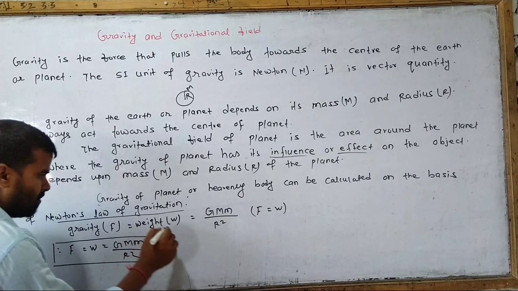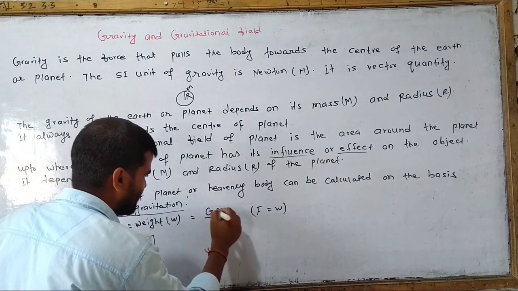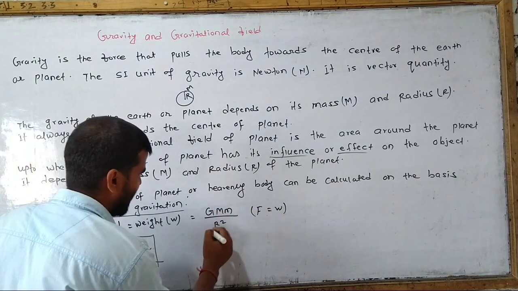So gravity or weight is equal to G capital M small m by R square.